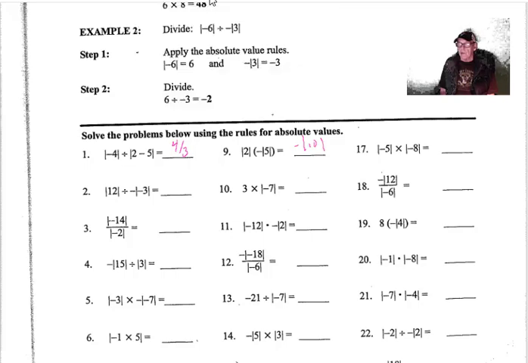Looking at number 7, multiply these together, you got square root of 40. 12 divided by 3 would be 4, but the negative sign makes it back into negative 4.